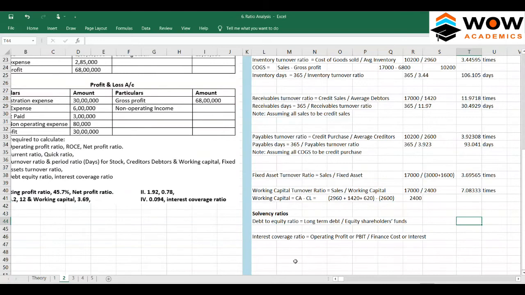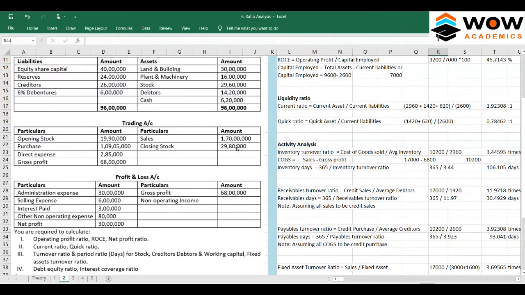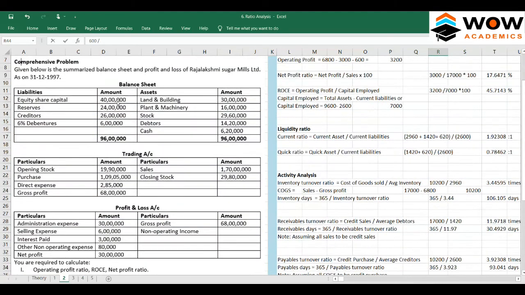So we'll go to the debt equity ratio. So in debt equity ratio, we have long-term debt divided by equity shareholders funds. So long-term debt, we have to find it out. So long-term debt is this. Okay, debentures divided by equity shareholders funds are this amount.